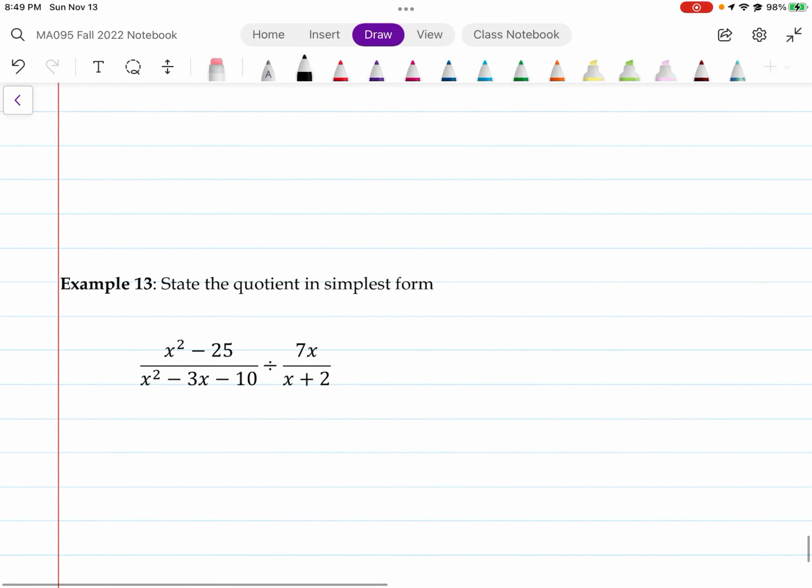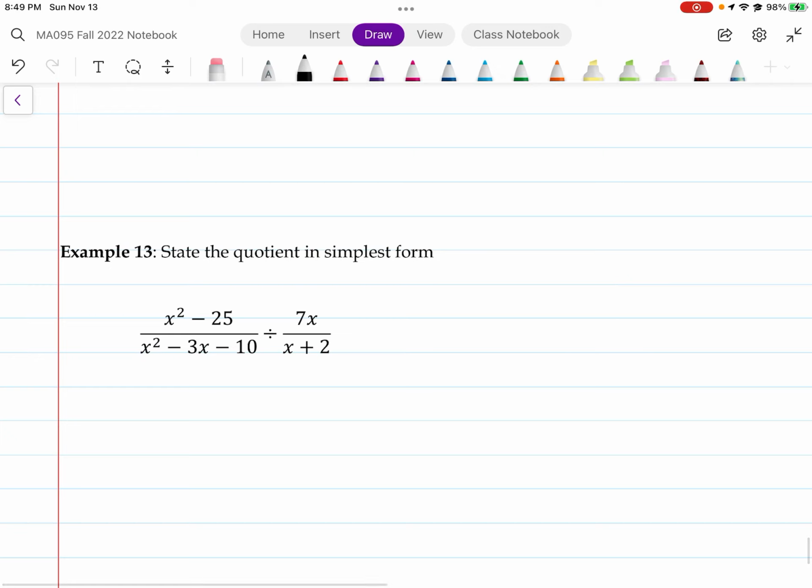All right, last one. Why don't you give this one a try by yourself? All right, so we'll color code as we go. We've got x squared minus 25 again. So x plus 5, hopefully you're understanding this one. x minus 5. Oh, we forgot to flip, didn't we?